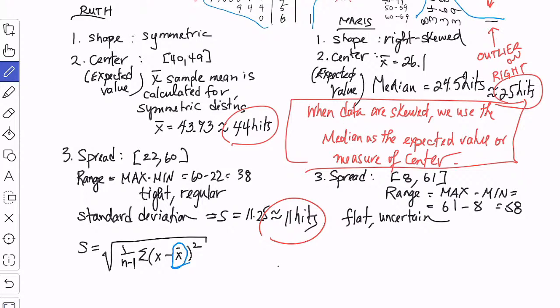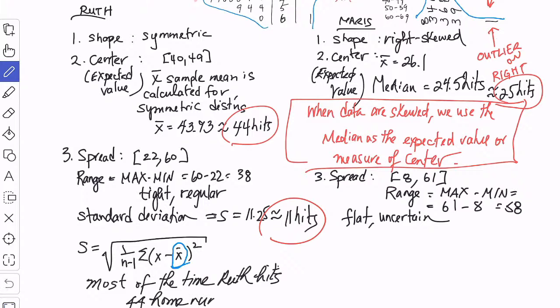And we can conclude, this is what we do with these values, is we say, most of the time, Ruth hits 44 home runs, give or take 11.